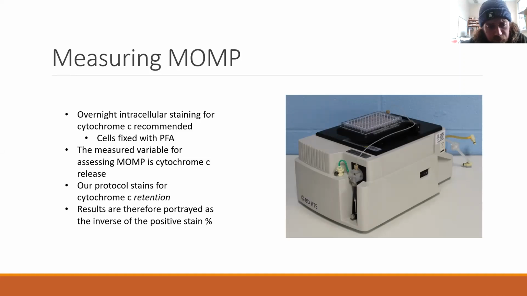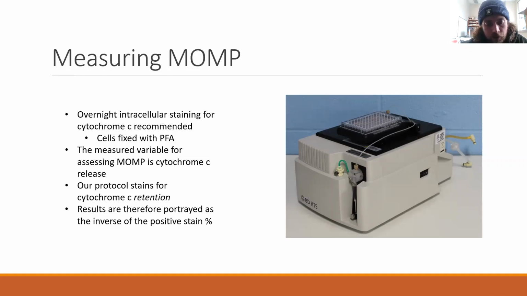It's important to note that for cytochrome C, when we're looking at it on the cytometer, we're staining for cytochrome C retention, because we're staining for what's in the cell. The pores the digitonin made in the membrane during the peptide stage are big enough that any cytochrome C released by peptide exposure is going to leave the cell completely.